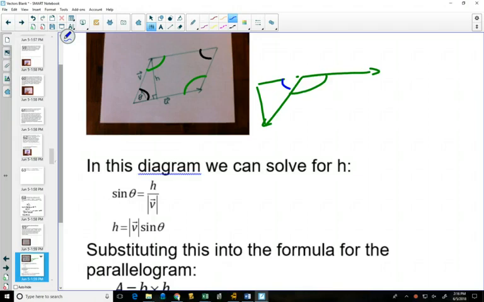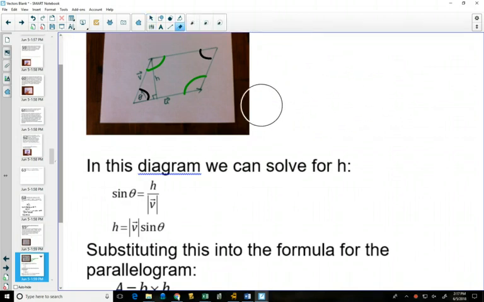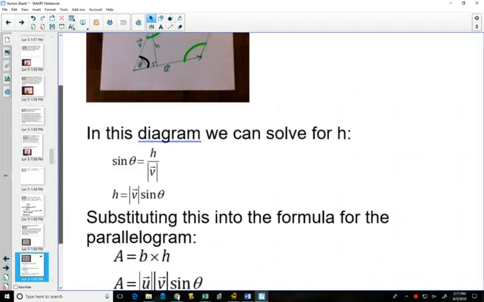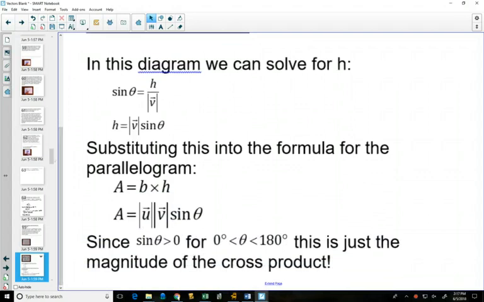And then you would still calculate this height based on that angle. So this formula will work whether you're given the obtuse angle or the acute angle between them. You could use either one.